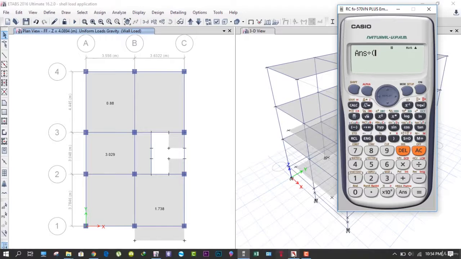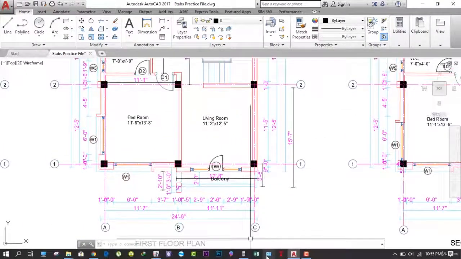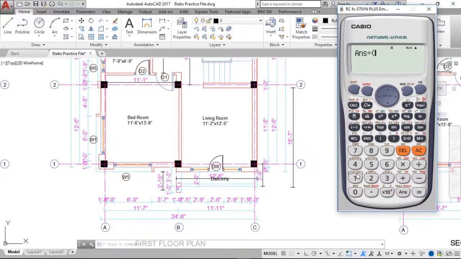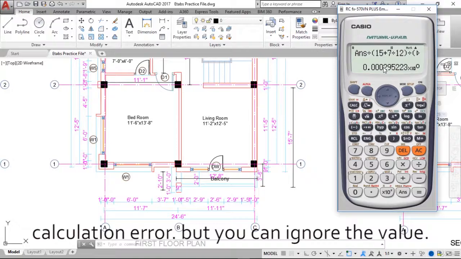So we again calculate the area: 15 feet and 7 inches, so 15 plus 7 divided by 12, times 12 plus 5 divided by 12, again divided by 10.76, and the answer is 0.00029. It's a very small value, and you can just ignore it.